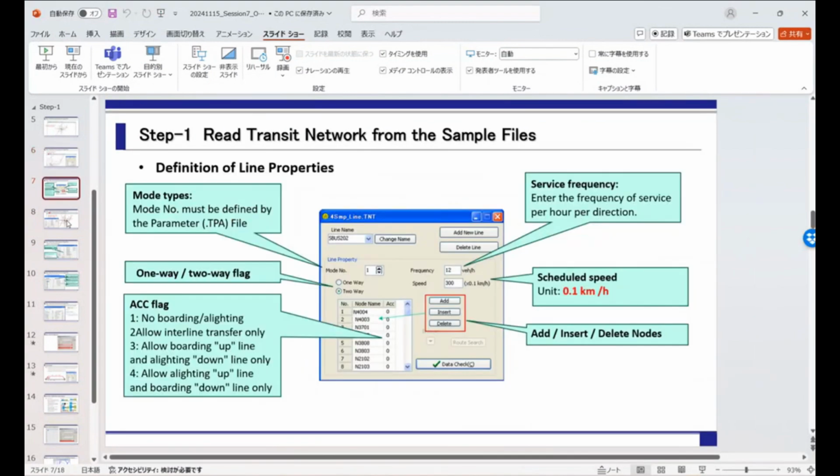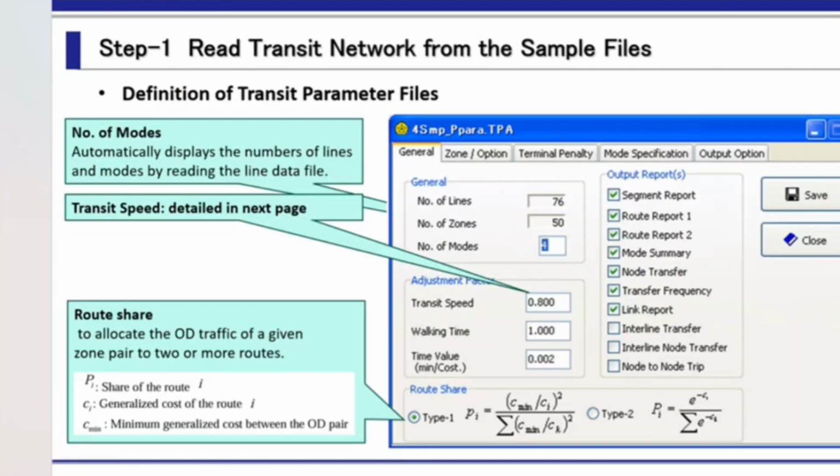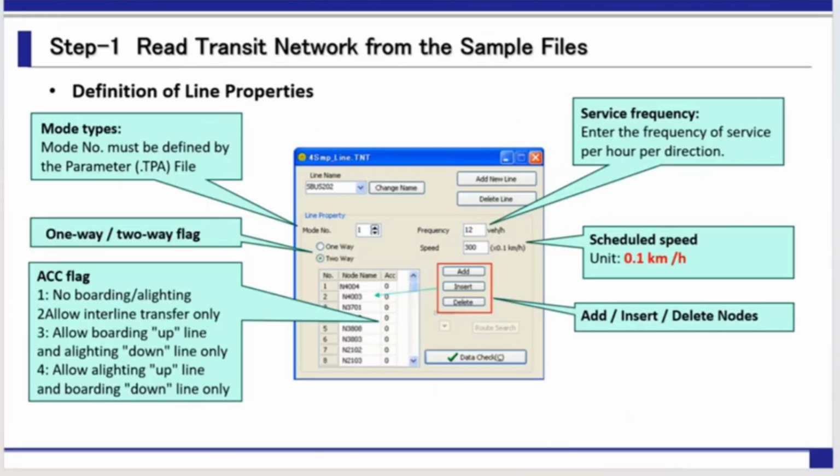Yes, in the PowerPoint files which I shared with you, I prepared the definitions of the information which is included in every transit line file and the transit parameter files also. So I will briefly explain each item shown in this table.